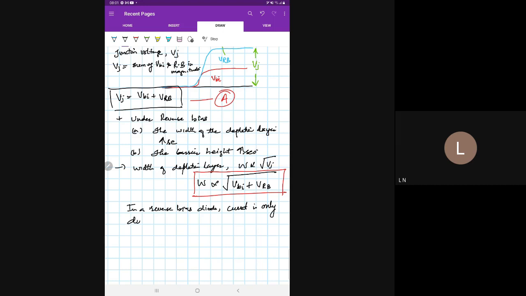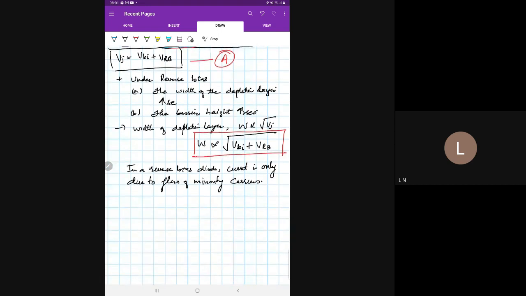We can summarize that in a reverse bias diode, current is only due to the flow of minority carriers. Therefore, this current is denoted by I naught and is known as reverse current.